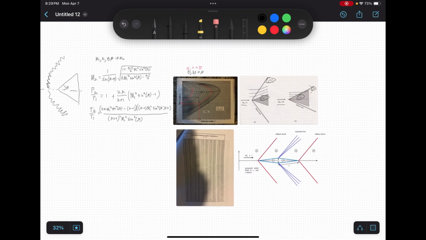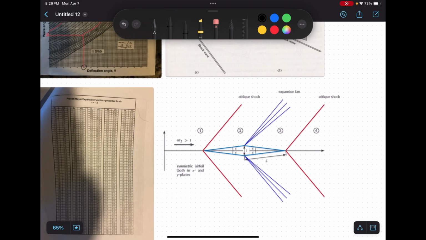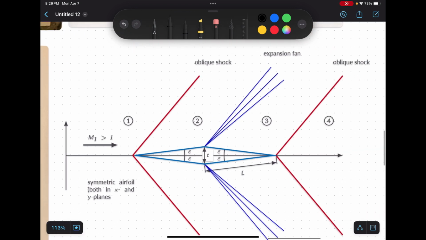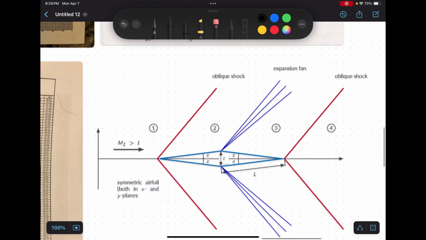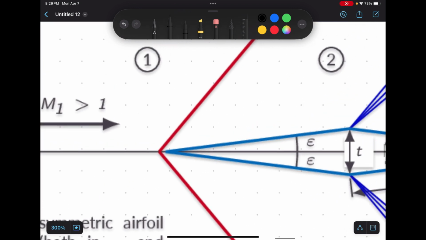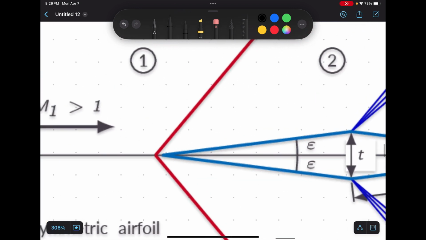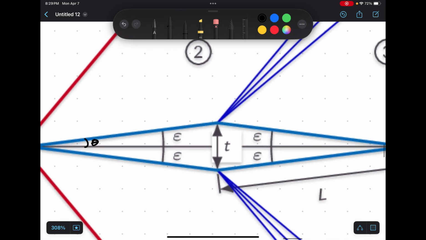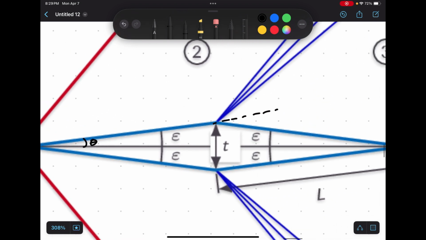Next is expansion fans, which occur whenever there's a negative angle change. Like here, there's a positive angle change, and here there's a negative angle change. Does that make sense? Hopefully that makes sense.